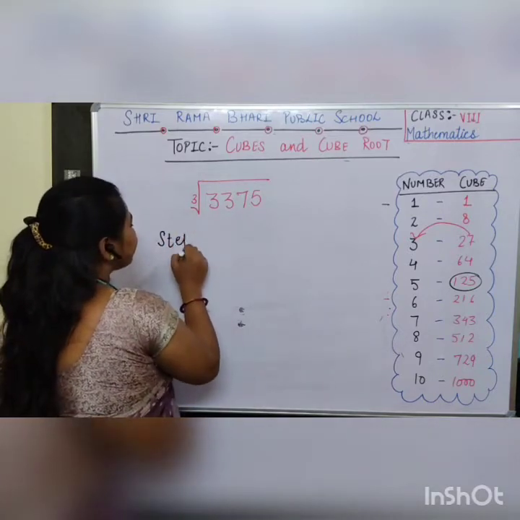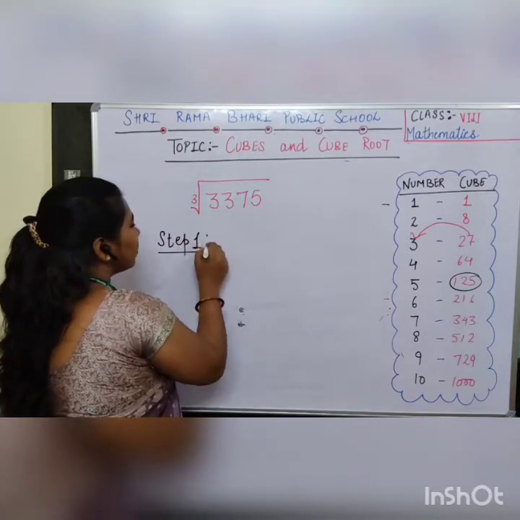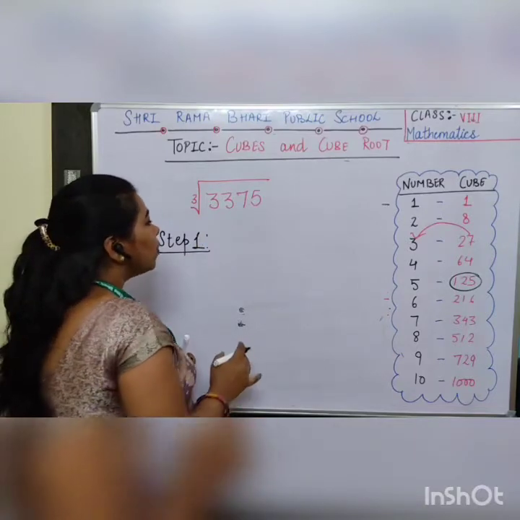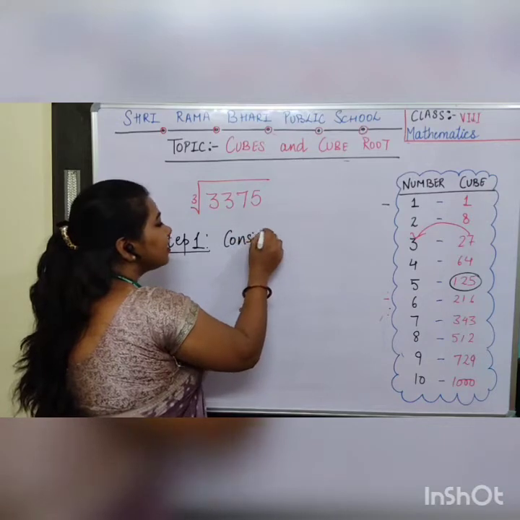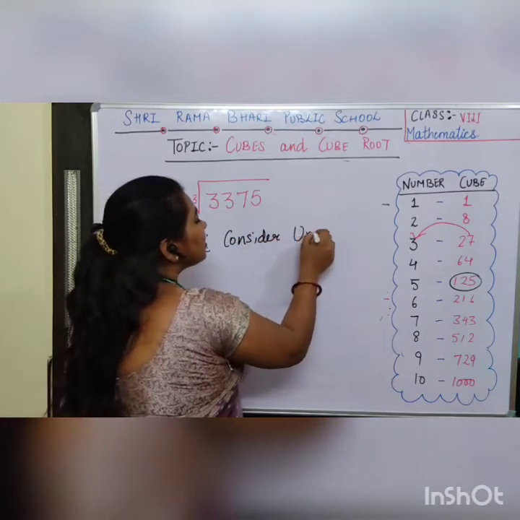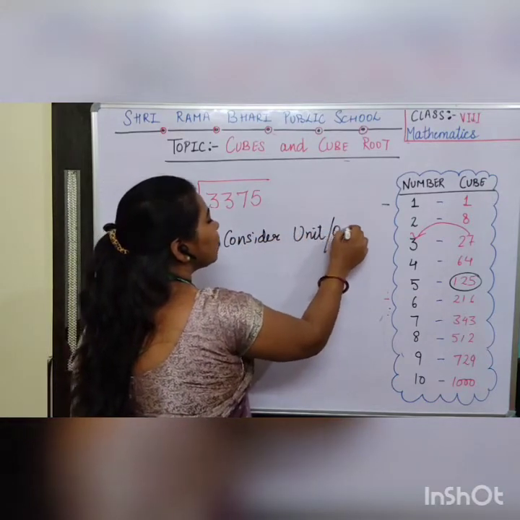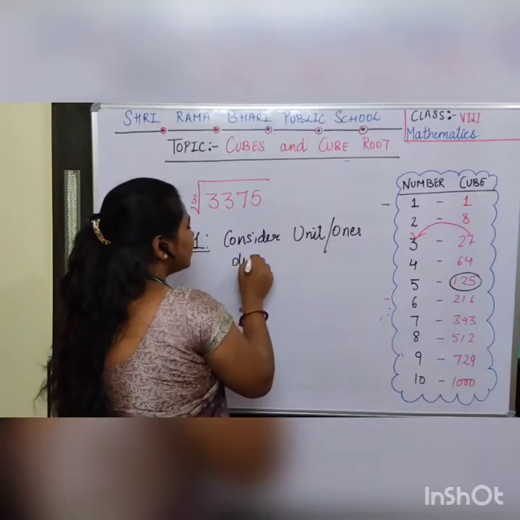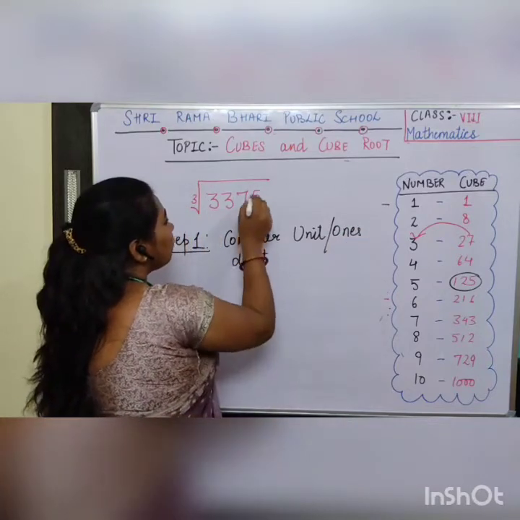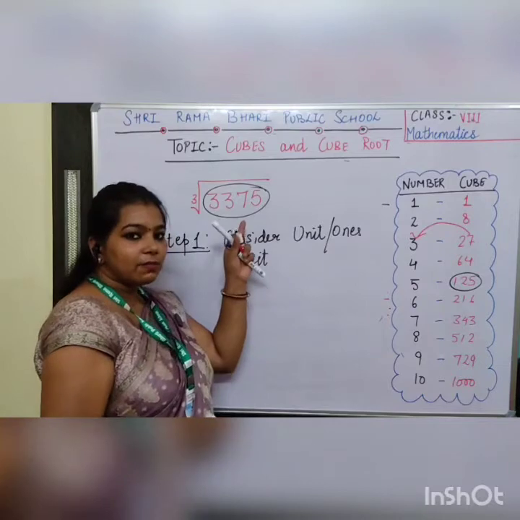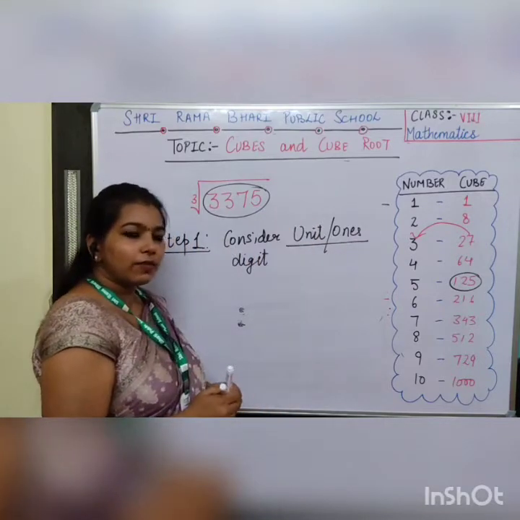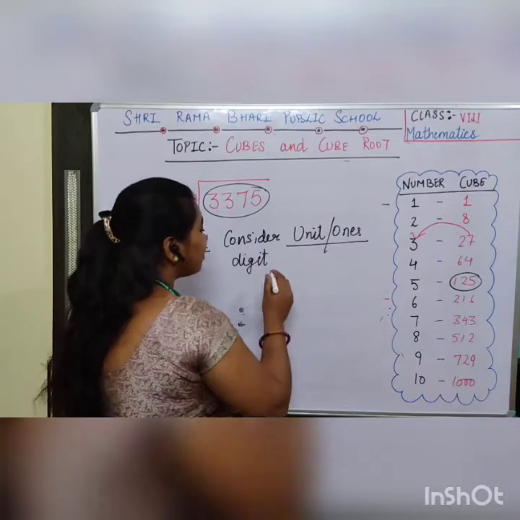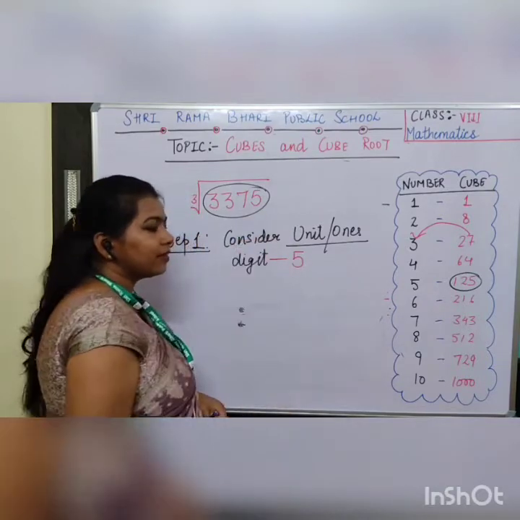Step number 1: we will consider the unit digit, or ones digit, of this cube number. Here the digit is 5.